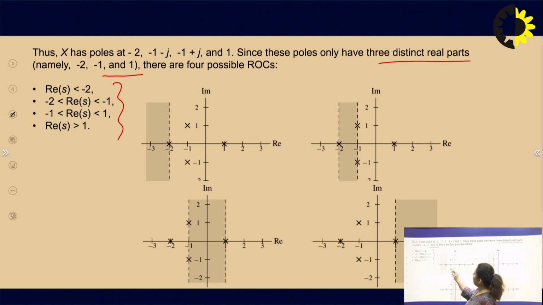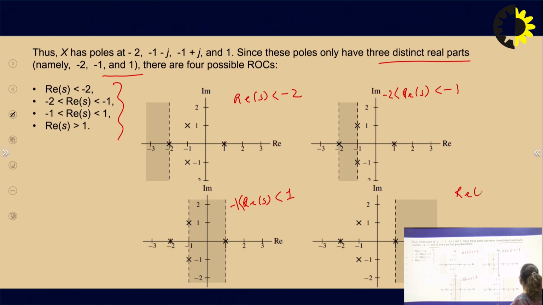Left of the leftmost pole means real of s less than -2, then real of s greater than -2 and less than -1, real of s between -1 and 1, and real of s greater than 1. So these are four diagrams depicting the ROCs: the first one is real of s less than -2, the second is real of s greater than -2 and less than -1, the third is real of s greater than -1 and less than 1, and the fourth is real of s greater than 1.